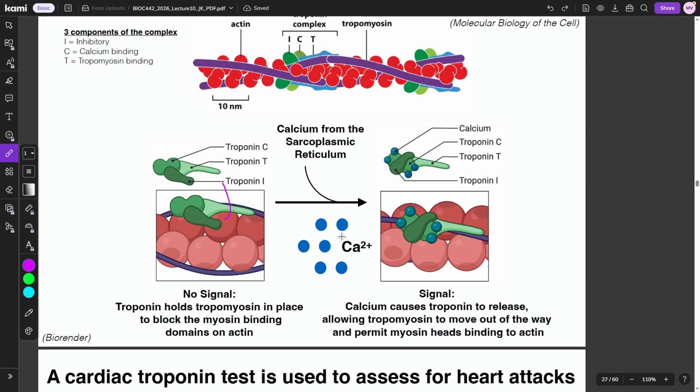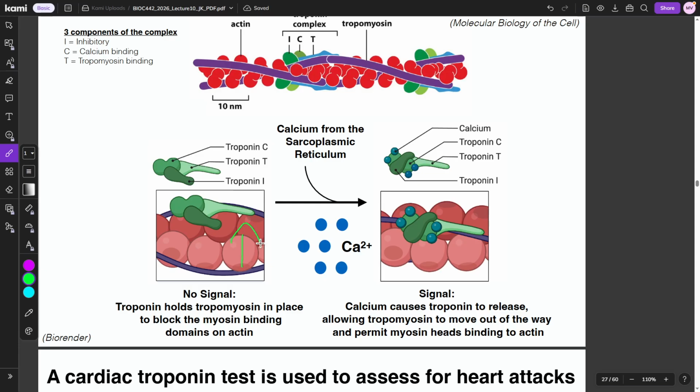Shifts upwards, and at the same time the T region kind of shifts downwards a little bit, and pulls this purple tropomyosin up with it. So calcium binds, everything shifts. Calcium causes troponin to release, which allows the tropomyosin to move out of the way and permit myosin binding.